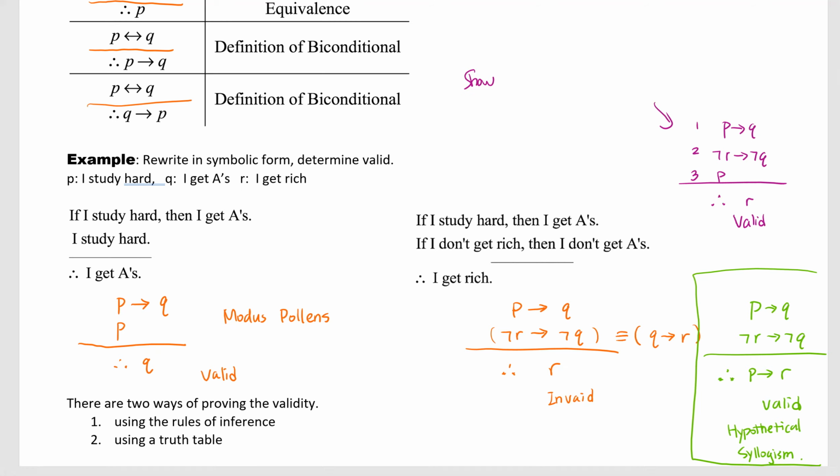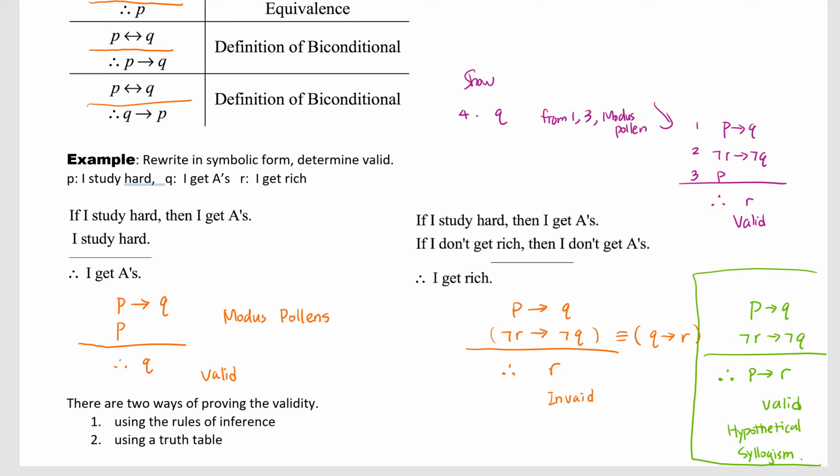So 1 and 3 imply Q. We number the lines. In line 4, we get Q from 1 and 3. P implies Q and P is true, so this is using modus ponens.